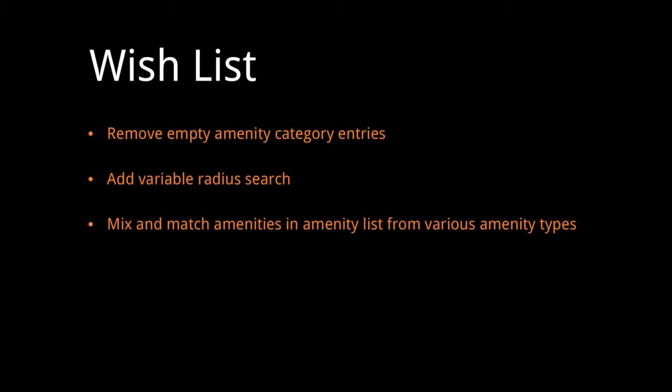So instead of relying on them to create a variable search, I would like to see it actually implemented for this feature on the front end side, maybe even on the back end side. So that when a user clicks on an amenity, the Yelp call is made and they get all the amenity types, amenities in a specific region. It could be up to, I think the maximum radius that Yelp allows is 25 miles.